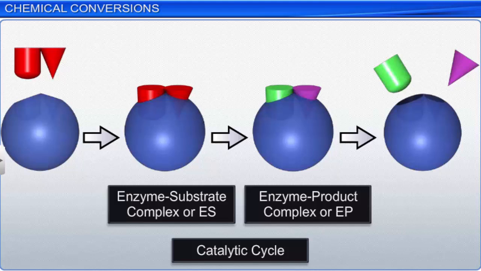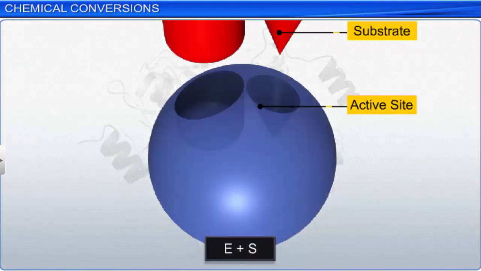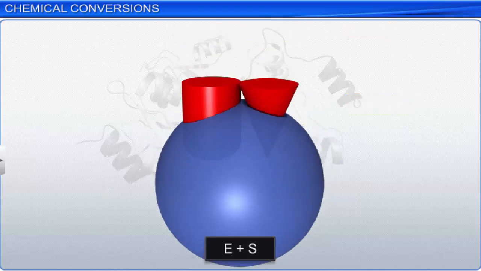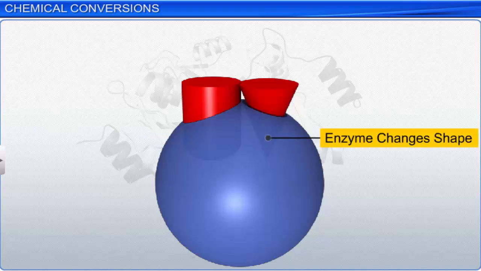First, the substrate S binds to the active site of the enzyme and fits itself inside a given cleft or pocket. In the second step, the binding of the substrate forces the enzyme to change its shape and fit more tightly around the substrate.